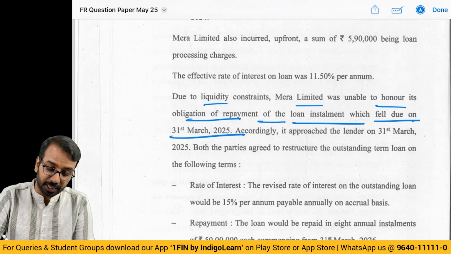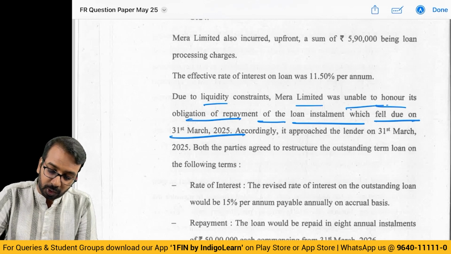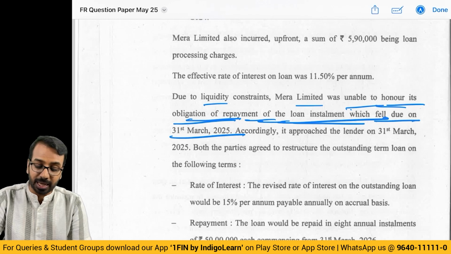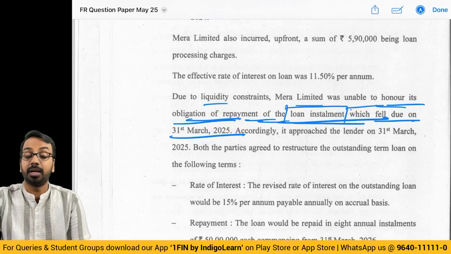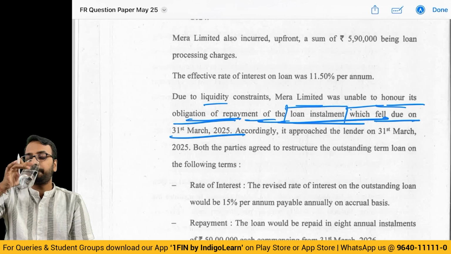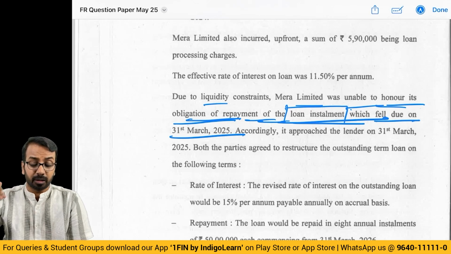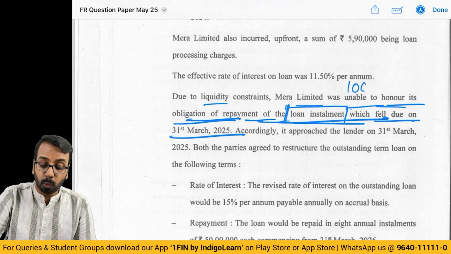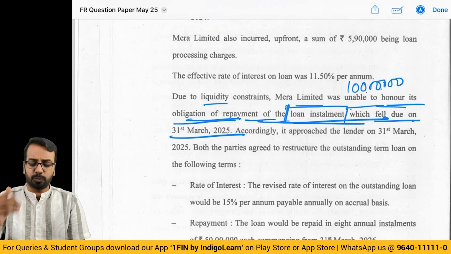Now what you have to read is, unable to honor its obligation of repayment of the loan installment means they had not paid the loan installment. Now that doesn't mean they have not paid the interest. That we cannot assume. We can only assume loan installment of 1 crore has not been paid. Okay, that is what should be the assumption.